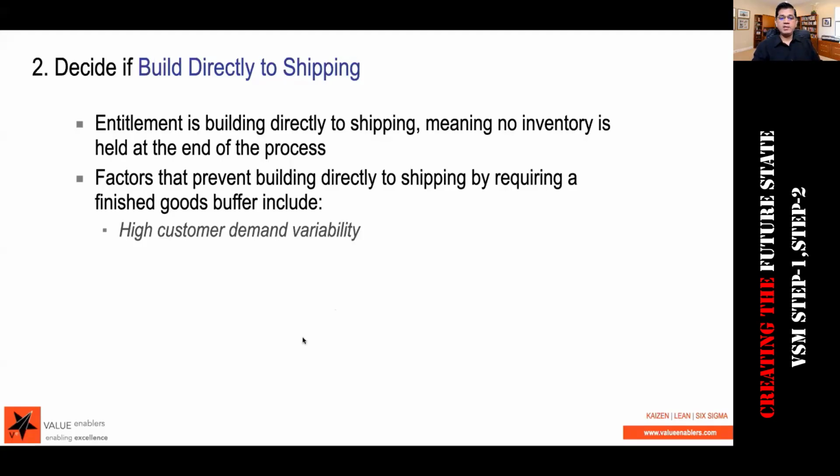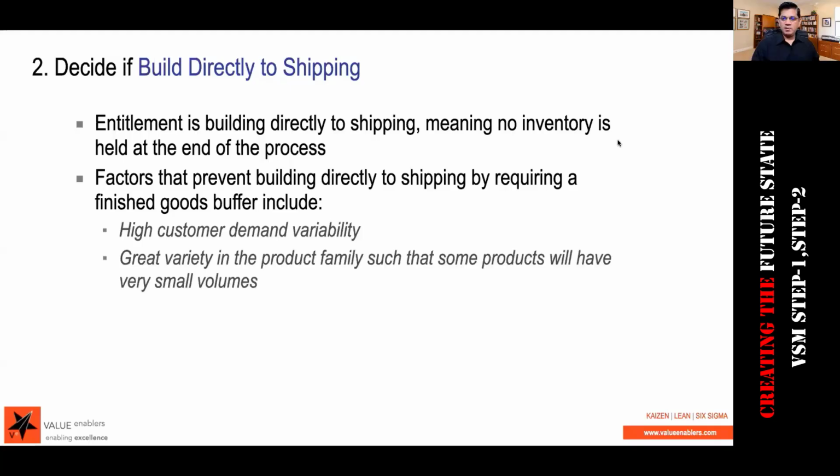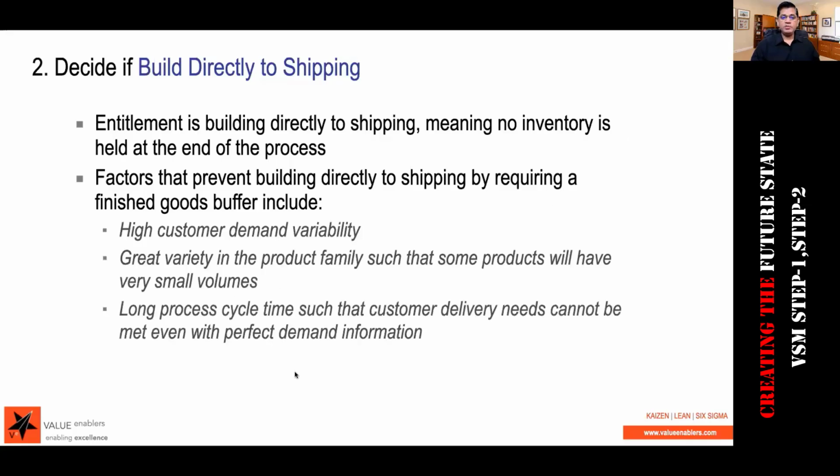Okay, high customer demand variability, and a great variety of product family, where some products will have very small volumes. Makes sense, this particular statement, which will lead to building up inventory at the final stage. Long process cycle time: somebody said some process takes longer time, so better build an inventory there.